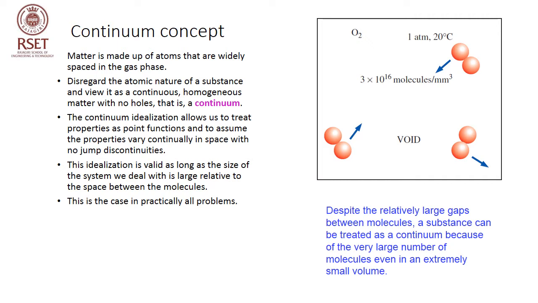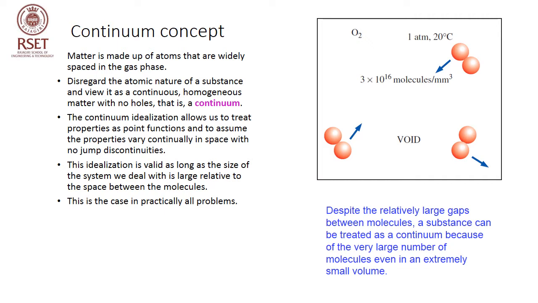We define this with the help of a number called the Knudsen number. It's the ratio between the mean free path and the dimension of the system. So if the value of the mean free path is very much less compared to the actual length scale, we can assume the system to be in continuum. Most practical applications come under the continuum concept.